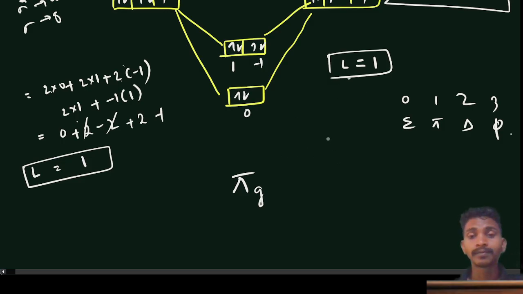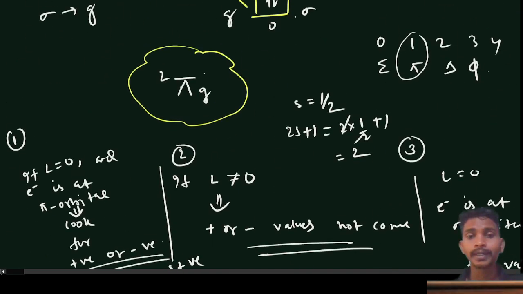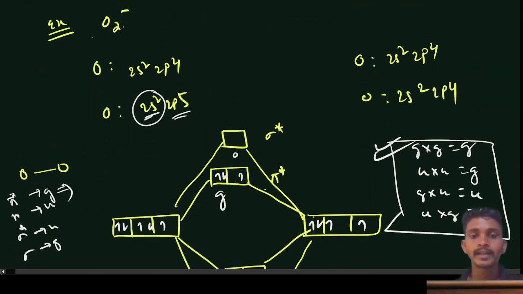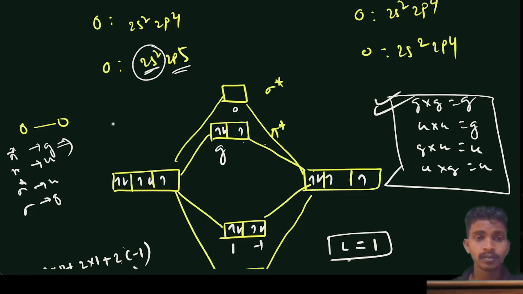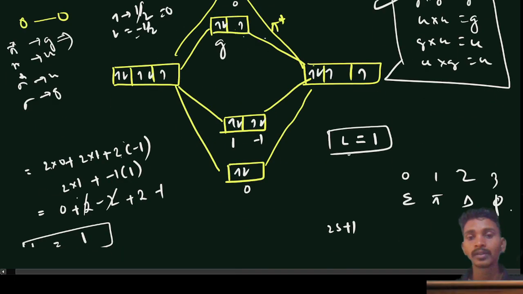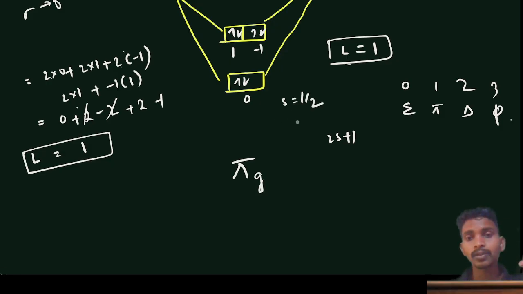Okay, so next 2S plus 1, this value we need. So what is the value of S? How many unpaired electrons are there? That is 1, because paired electrons will cancel with each other. Okay, because this represents plus half and this represents minus half, so if you add it, then they will be 0. Okay, so S is half, so 2S plus 1 will be 2 into half plus 1, this cancels, this will go to 2.